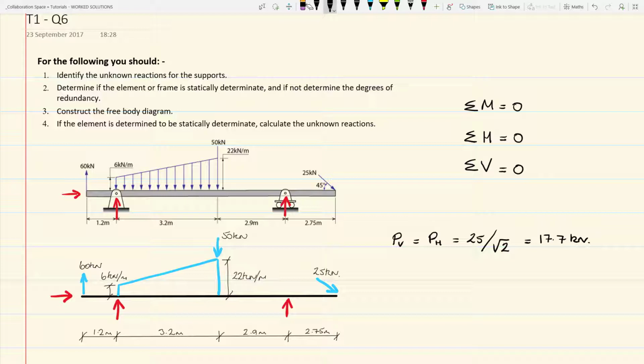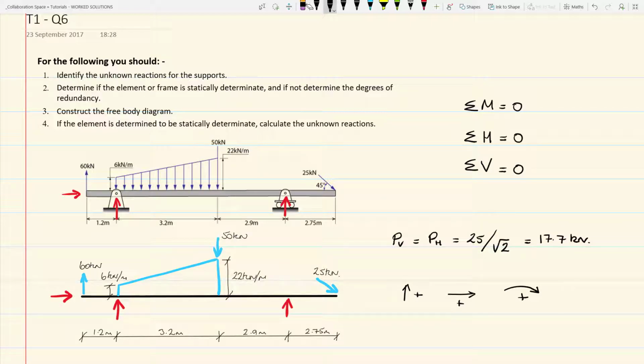We should at this stage state our assumptions when calculating the vertical and horizontal reactions. We're going to assume that vertical actions acting upwards are positive, horizontal actions acting from left to right are positive, and moments acting in a clockwise direction are again positive.